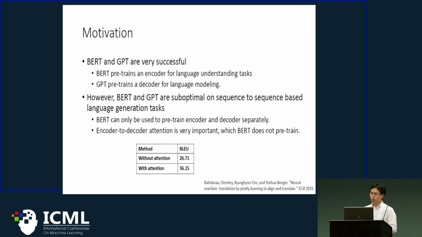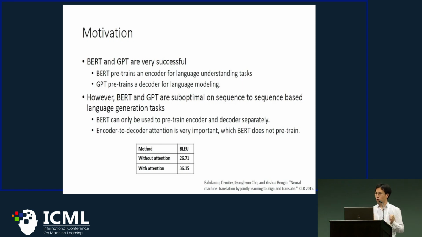Actually, although BERT and GPT are very successful, they are only suboptimal for some sequence-to-sequence generation tasks. As you may know, for sequence-to-sequence generation tasks, we usually need to base on the encoder-decoder framework with the attention module.